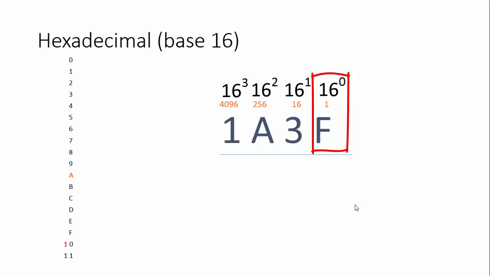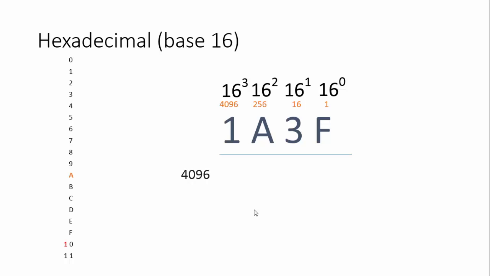So our first column is our 1s column, and then we have our 16s column, and our 256 column, and our 4096 column. So if we take this number and convert it to decimal, we're going to have 1 4096 plus, and then remember A represents the number 10 in decimal. So we're going to have 10 256.